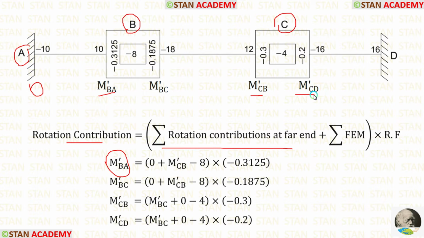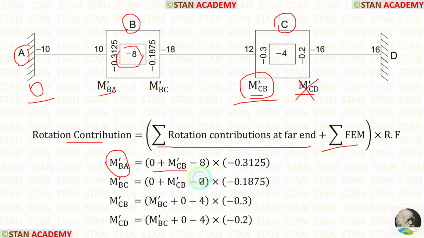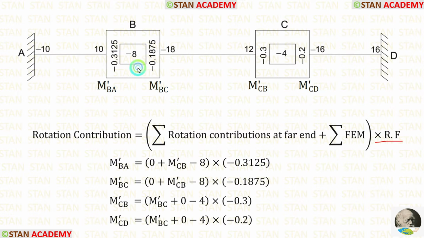We have to select the nearest contribution. The nearest contribution is M'CB. So we should not select M'CD. For the summation of rotation contributions at the far end, we are having 0 and M'CB. The summation of fixed end moments is -8. The rotation factor for BA is -0.3125. Let us apply that.